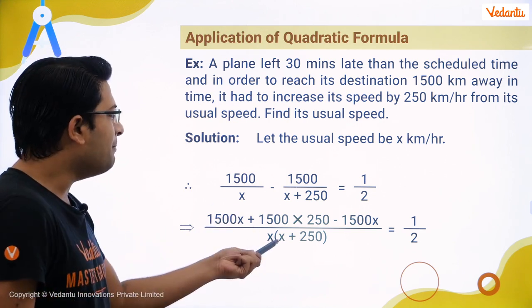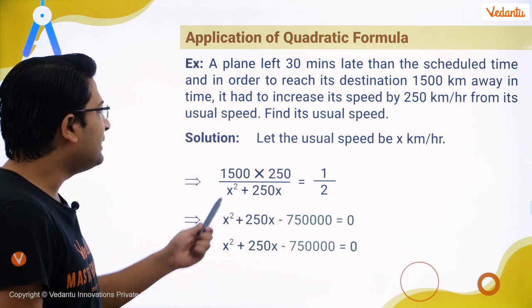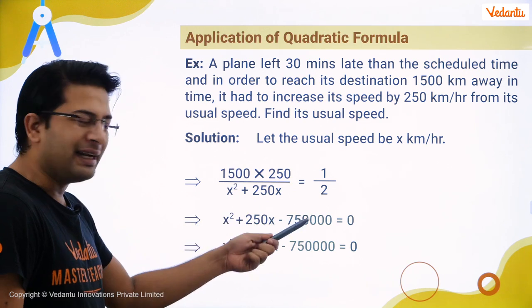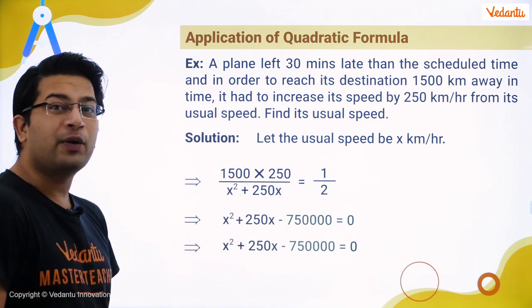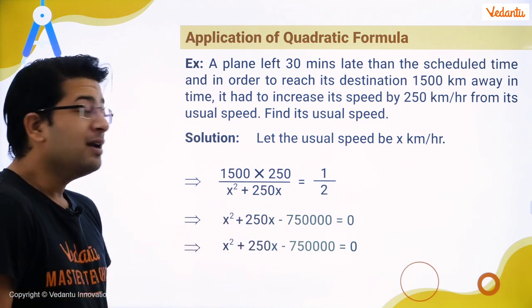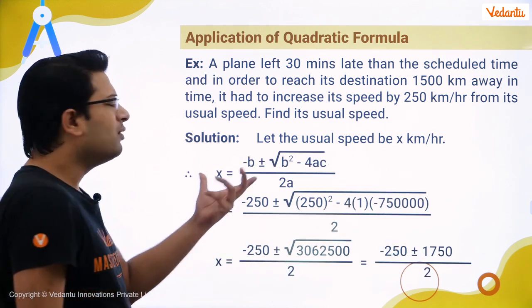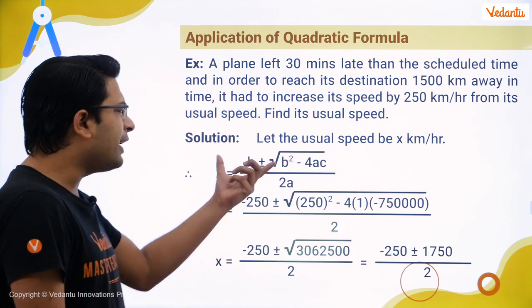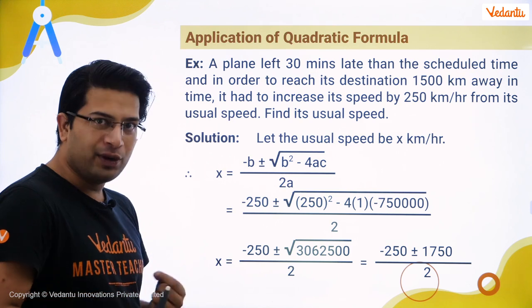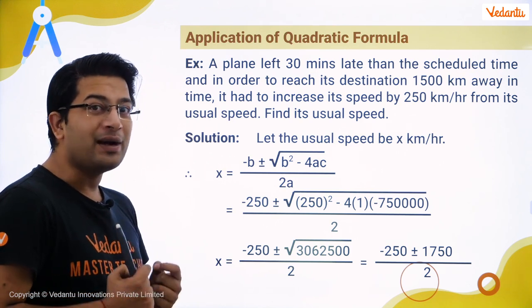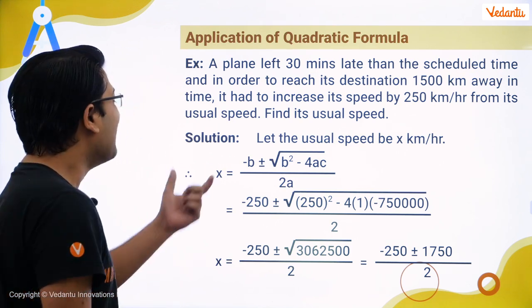Now it's very simple. Simply take the LCM, right? After taking the LCM and cross multiplying, we will get a quadratic equation. We are getting a quadratic equation, champ, right? Now we can simply apply the quadratic formula. There will be calculation, but we don't have to fear it. Okay, champ.